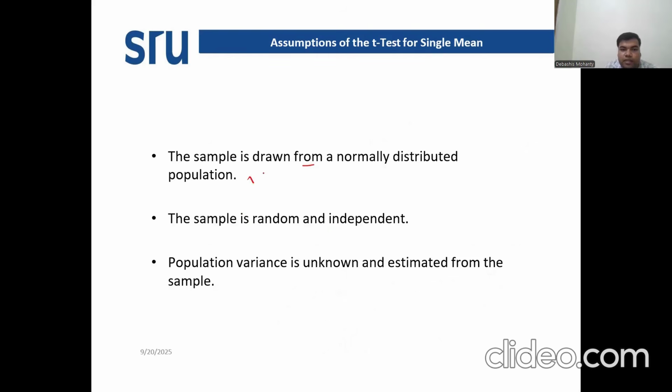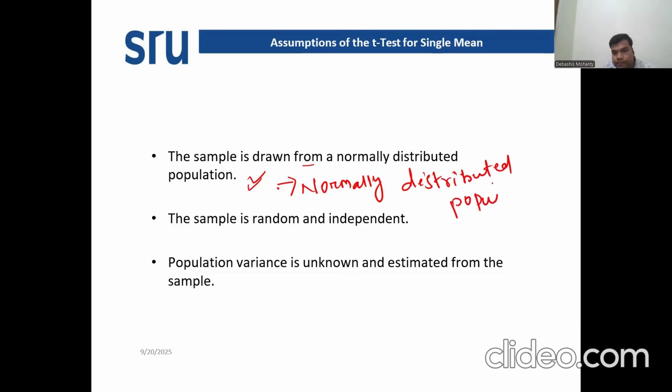The first assumption is that the sample is drawn from a normally distributed population. The sample is random and independent, not dependent.